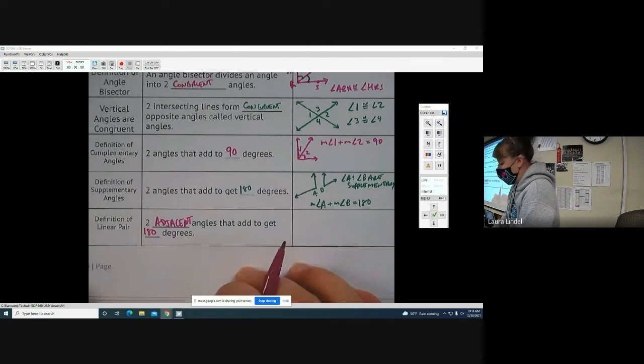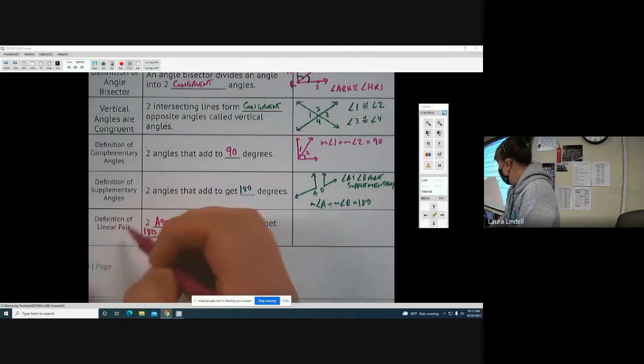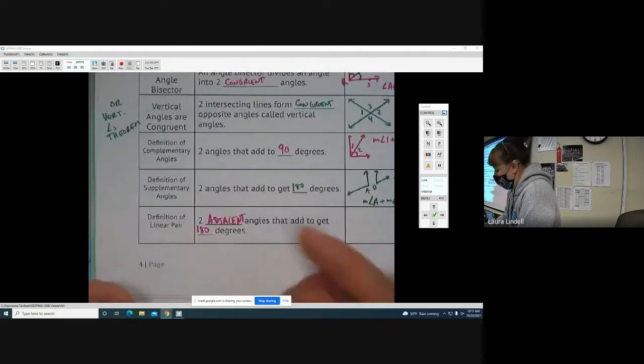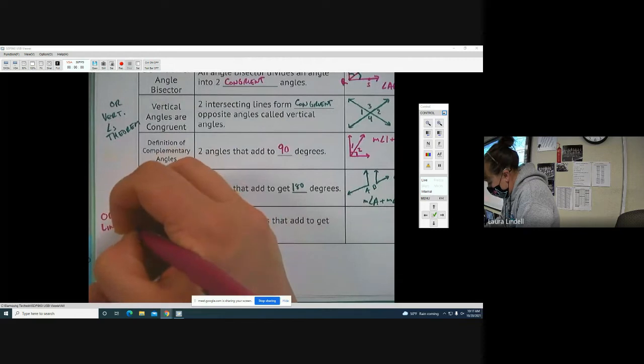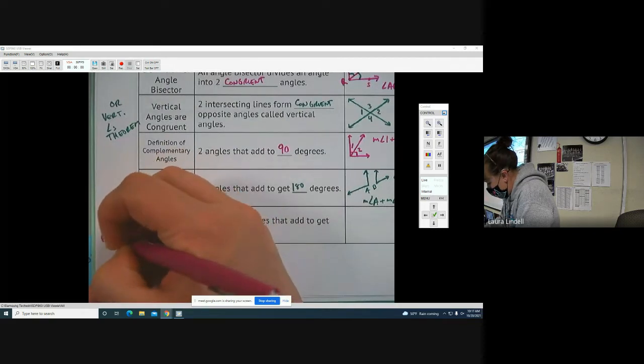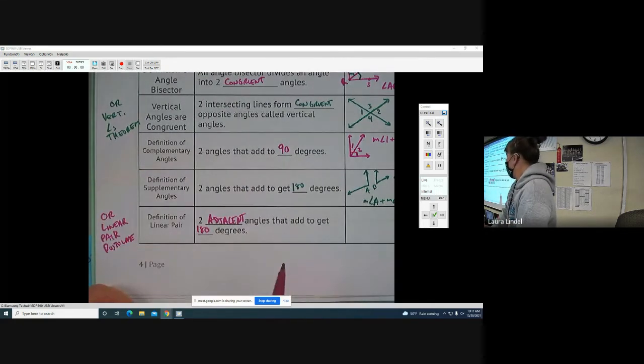Also, occasionally, you'll see this as not definition of linear pair, but as linear pair postulate. So that's another way we might see it occasionally, linear pair postulate.